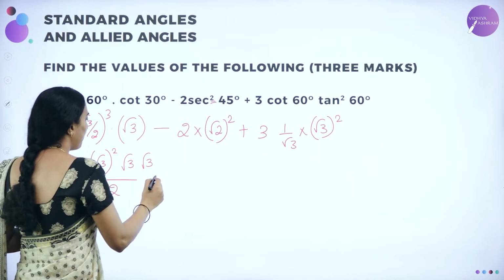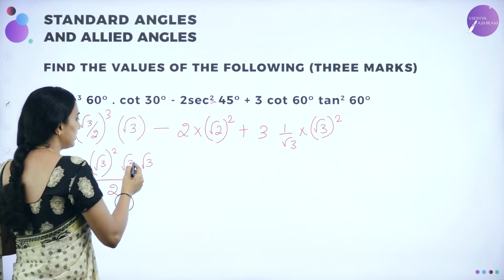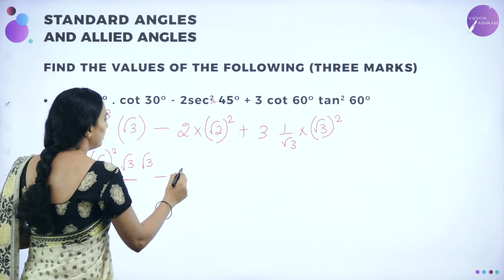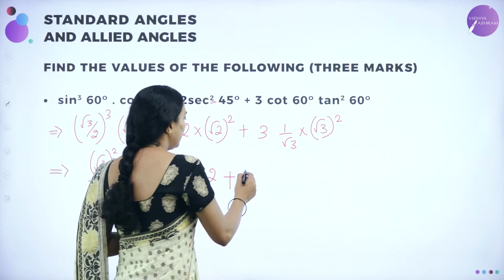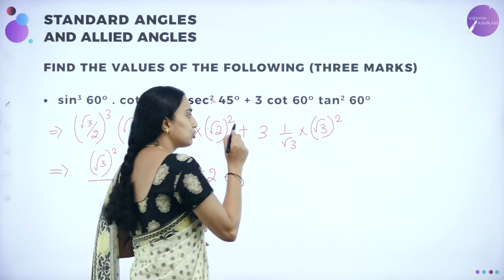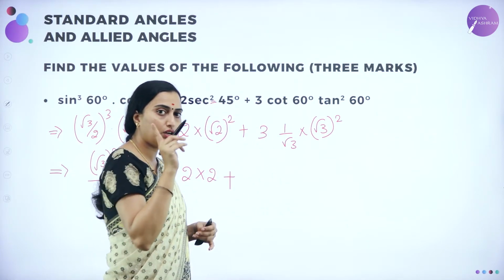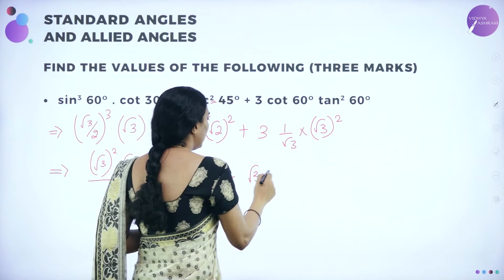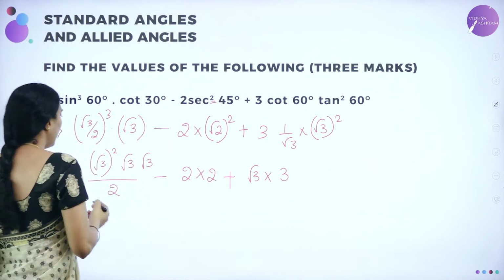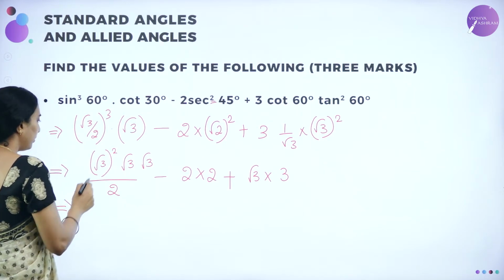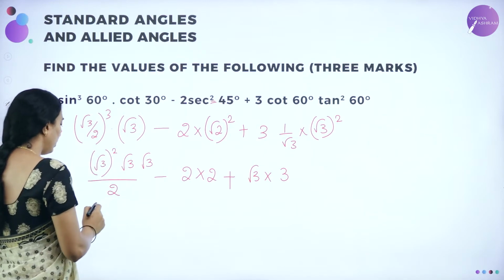So therefore minus, again root 3 whole cube to the power of 4, you can write it as 3 into 3, minus 2 into root 2 whole squared is 2 only, plus, see here 3 can be written as root 3 into root 3. Root 3, 1 will get cancelled. You are going to remain with root 3 into root 3 whole squared is 3. So again by solving this, root 3 whole squared is nothing but the root will go, 3.